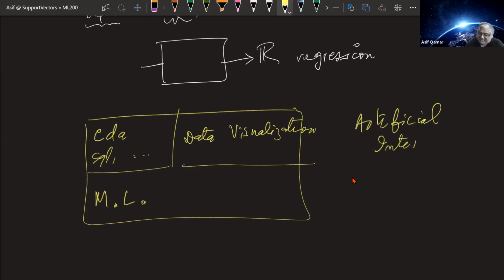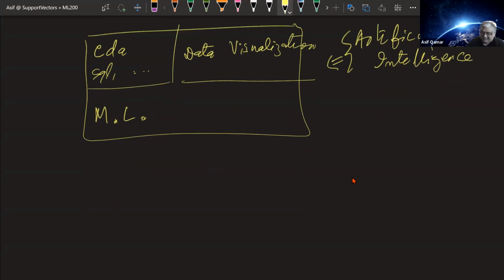So let me ask a very basic question. What is the relationship of artificial intelligence to data science? Are they the same thing? Are they different? Or what's the relationship between the two? Anybody would like to say? What is the relationship of artificial intelligence to data science and to machine learning? A very basic question.